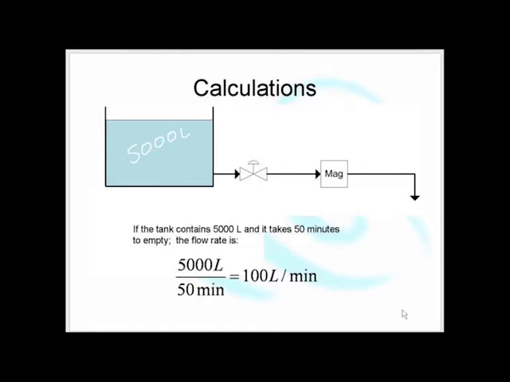It's flowing out of that tank, and it takes 50 minutes to come out of the tank. So if it's 5,000 litres, it takes 50 minutes to come out. What's the flow rate?